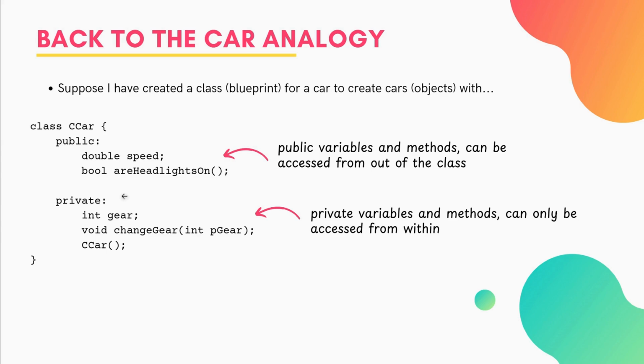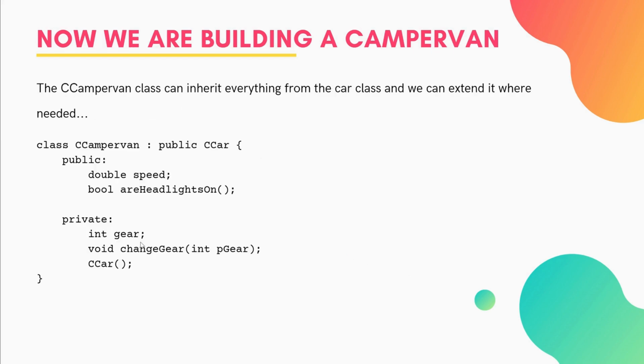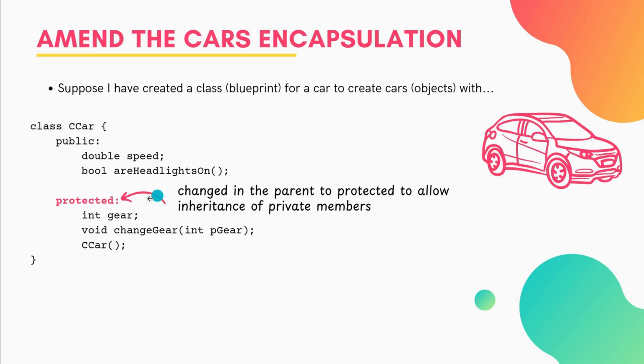Private means that the variables and functions here can only be used within the class itself. Specifically, private means that it will not be inherited by any class that is derived from this one. So because we want things to be derived from it, we need to change the parent car class to protected. Protected means that these variables and functions can only be used within the class itself, but it also allows them to be inherited by any derived class like our camper van.